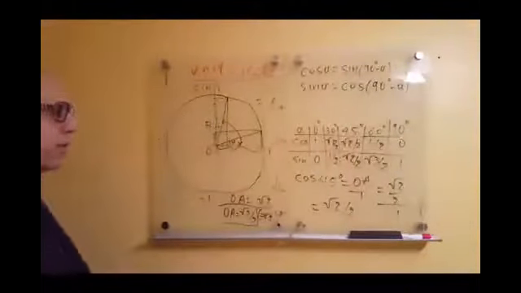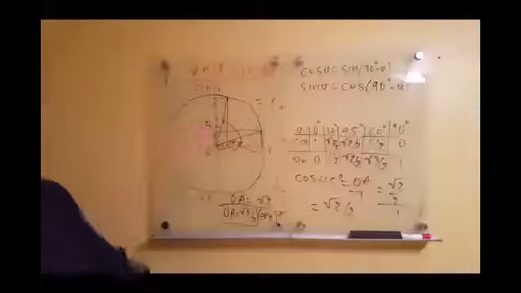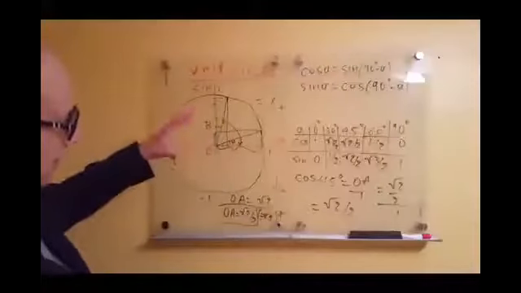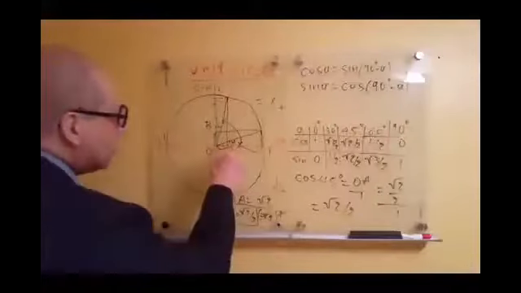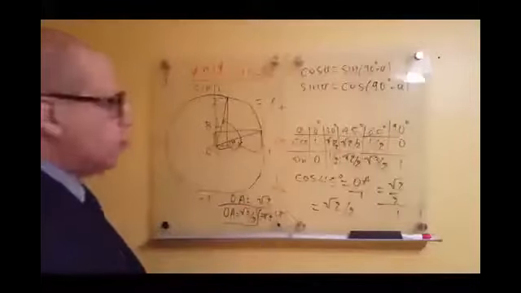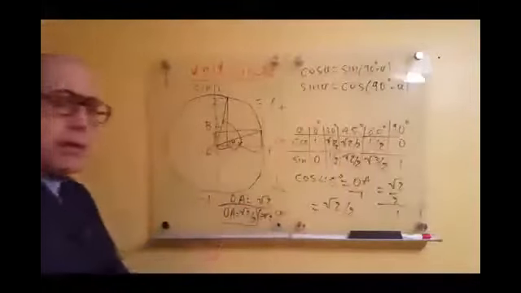So that's the most important thing of the unit circle. What's the most important thing? It is that if you are able to see these things on the unit circle, you don't have to remember anything.